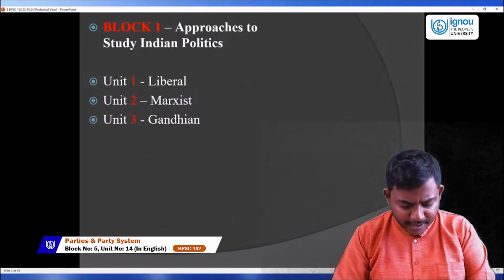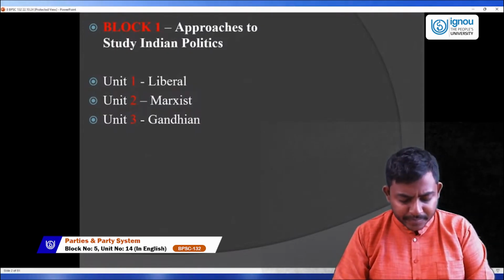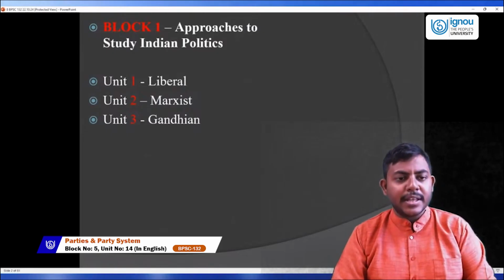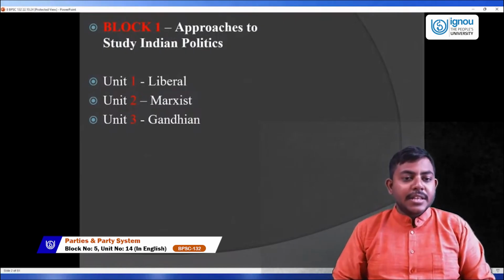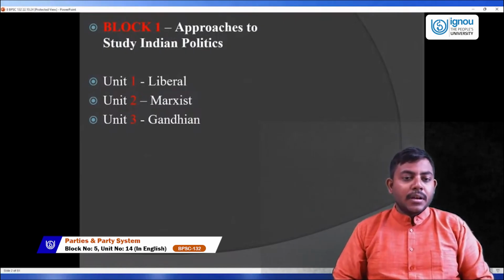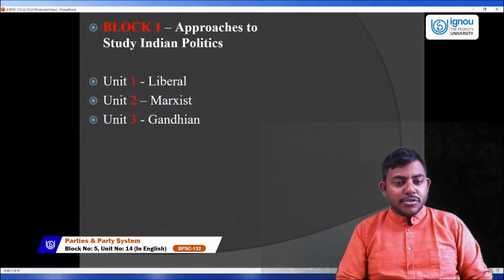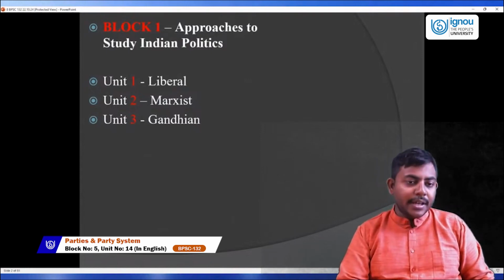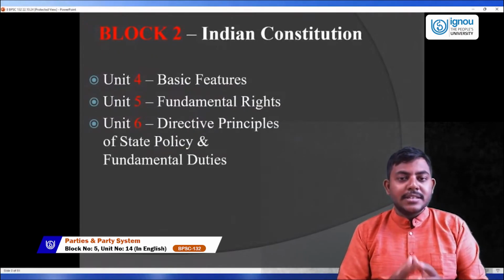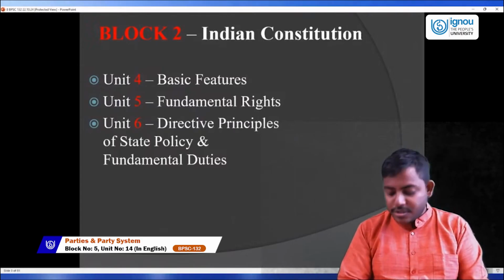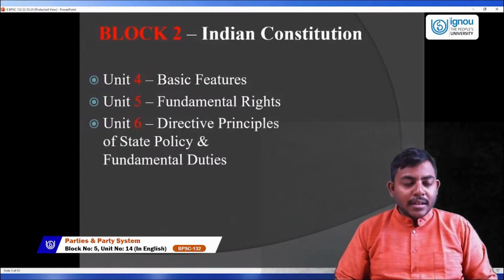It consisted of 3 units, which we have discussed so far: unit 1, the liberal approach to Indian politics, unit 2, Marxist approach to Indian politics, and unit 3, Gandhian approach. The second block was pertaining to the Indian Constitution, and it consisted of 3 units again.